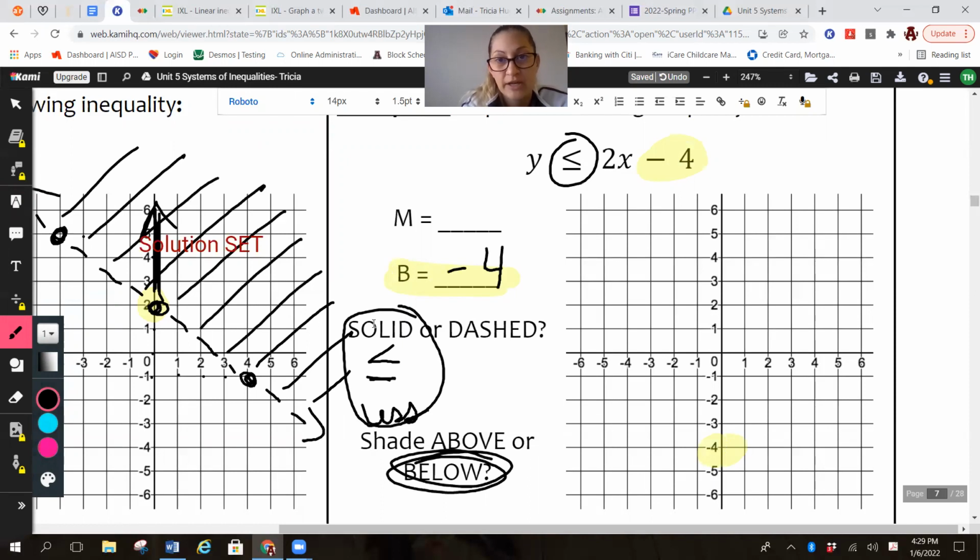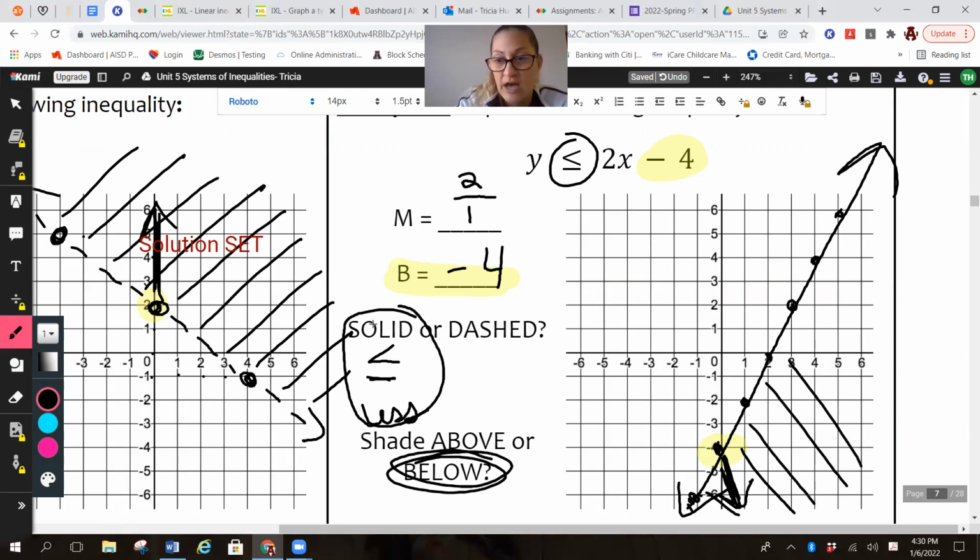And my y-intercept's -4, my slope is 2, but I'm going to make 2 a fraction, 2/1. So up 2 and over 1 looks like this. And down 2/1 looks like that. Now, because it's solid, I can go ahead and connect my points. And shading below means go to the y-intercept, shade below, which is on this side of the line.